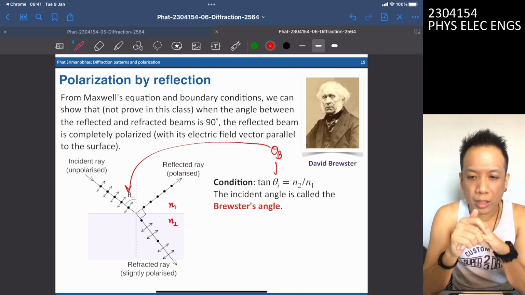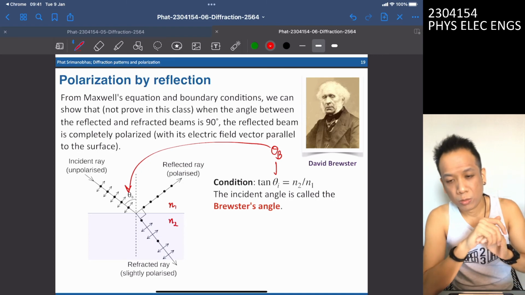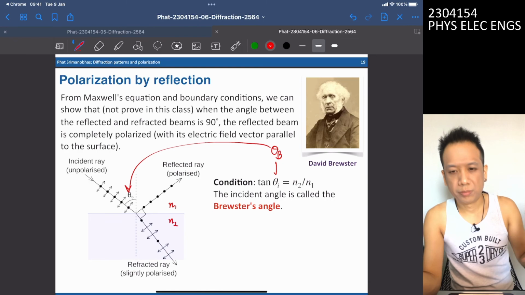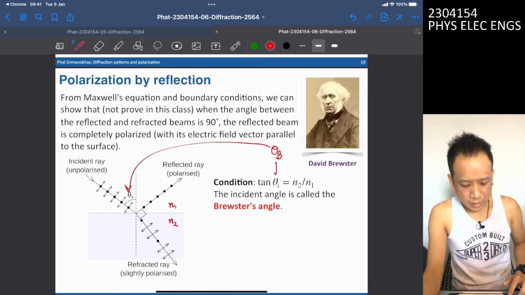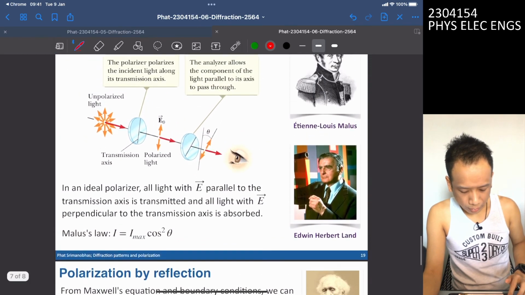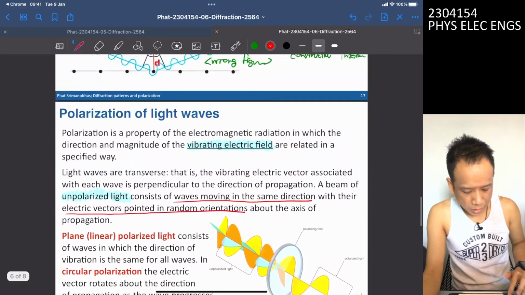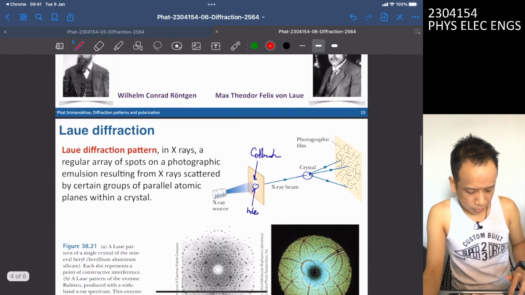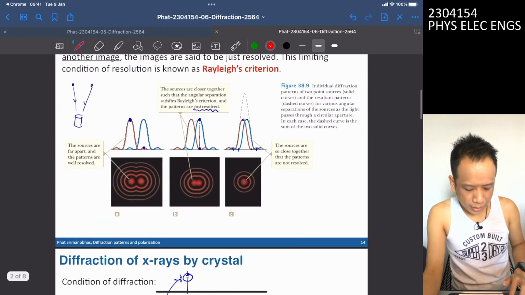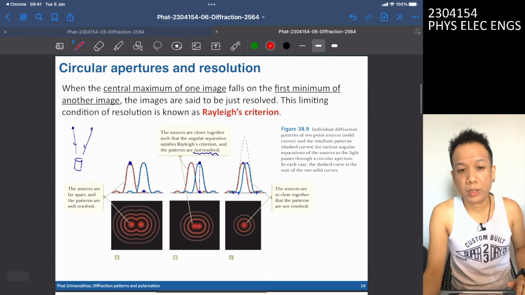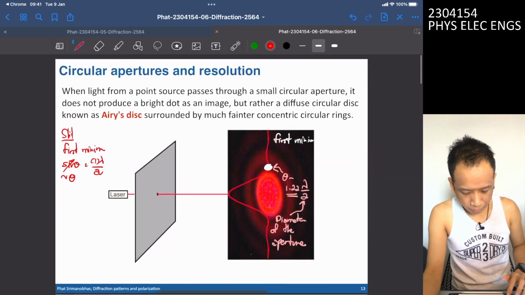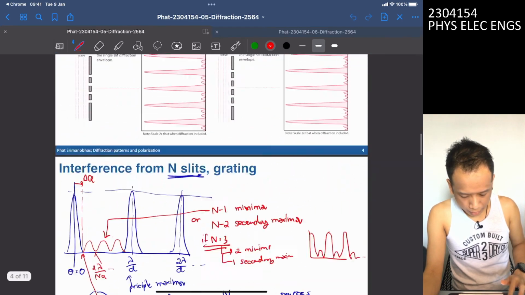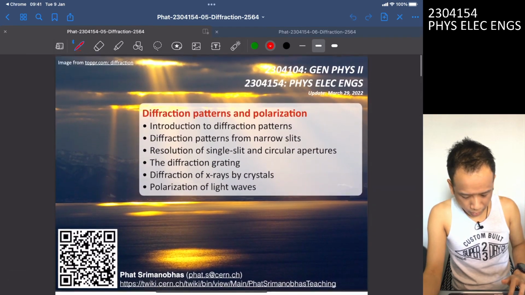For today, there is not much heavy calculation, just the concept of polarization, the concept of diffraction, and the concept of X-ray diffraction. Also the concept of the circular aperture and resolution.